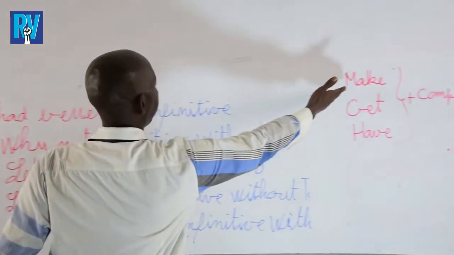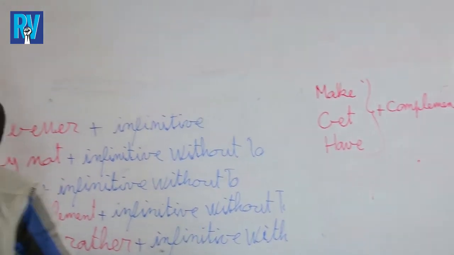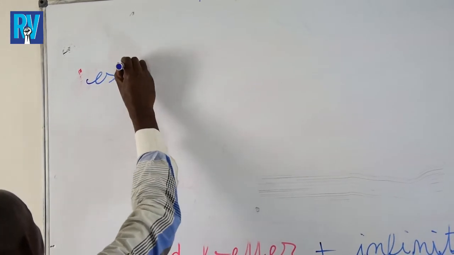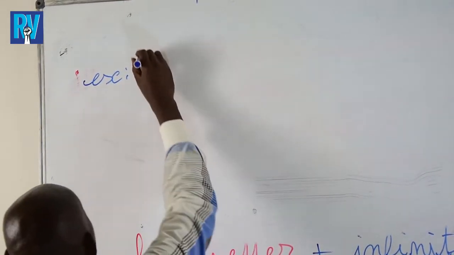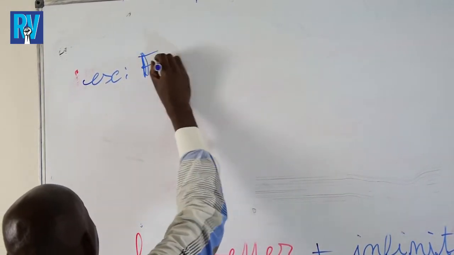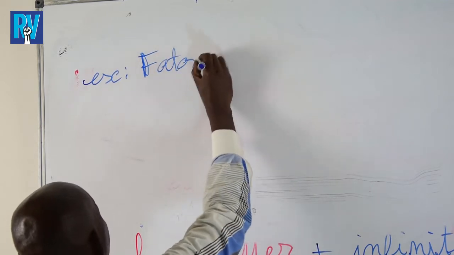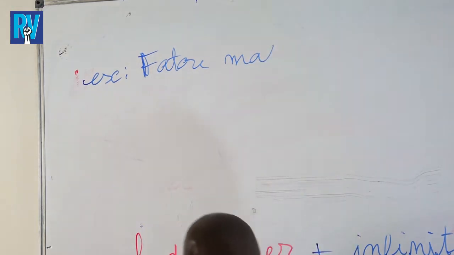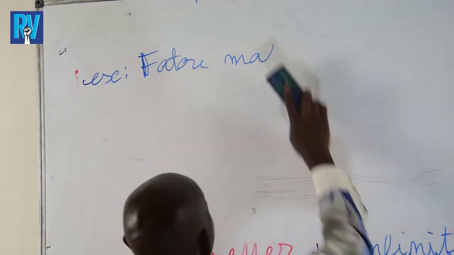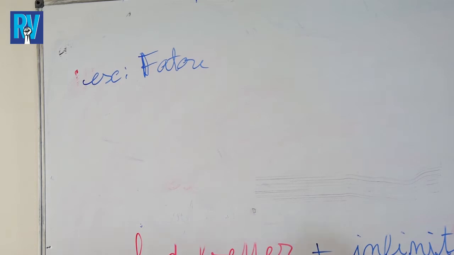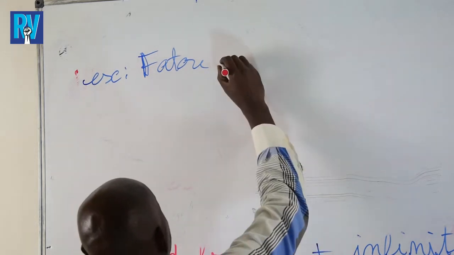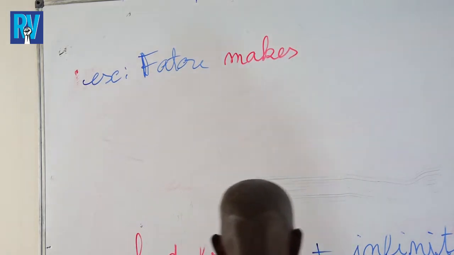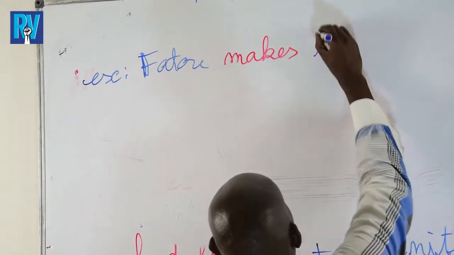Okay, let's take first the verb make. Example 1. Factual, make. So let me write it in red. So the verb make. Factual, make. Complement: the children.